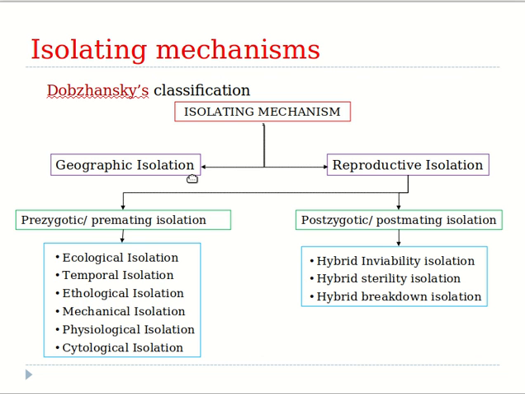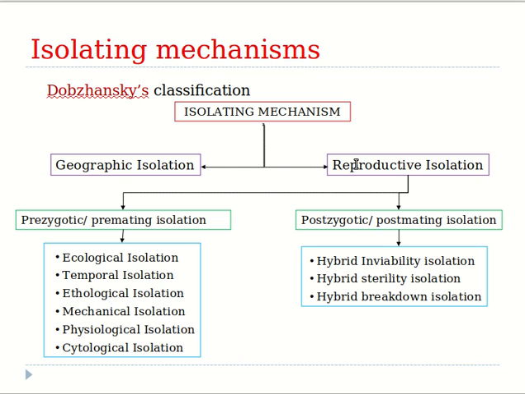The next one is reproductive isolation. Reproductive isolation includes physiological, ecological, mechanical, cytological, genetic barriers, etc. These prevent interspecific mating or reduce the formation of viable zygotes or hybrids.